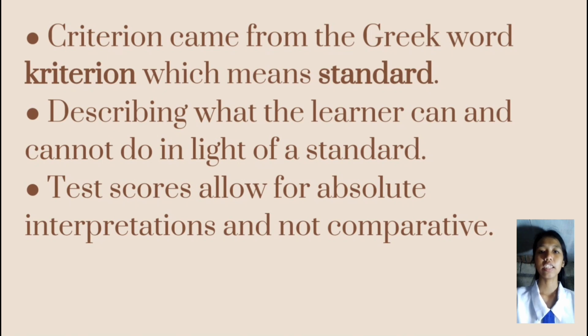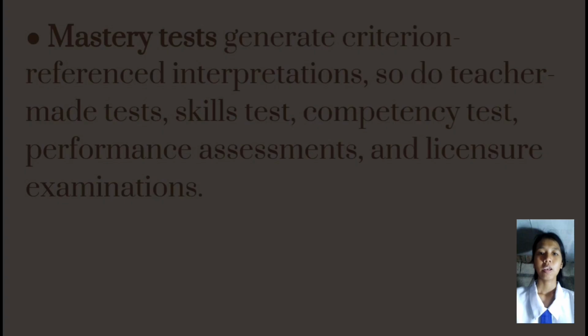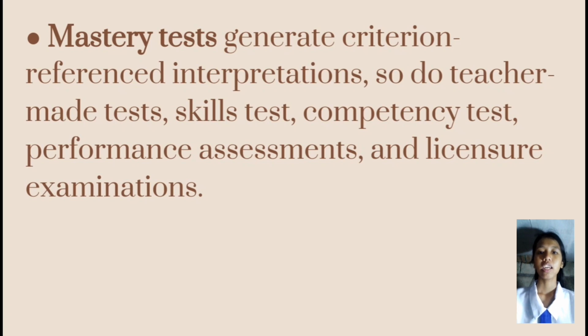Hence, test scores allow for absolute interpretations and not comparative, not the same as norm, which compares students. A learner's performance is explained in relation to a predetermined criterion of mastery. Mastery tests generate criterion reference interpretations.